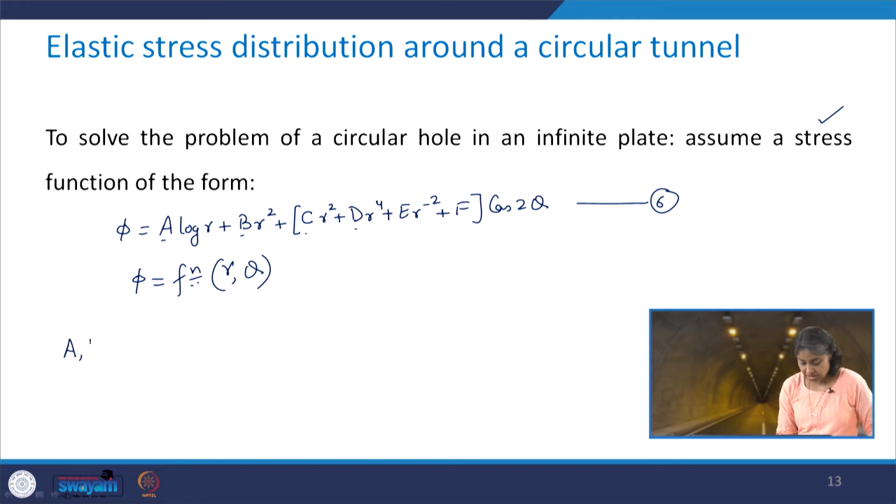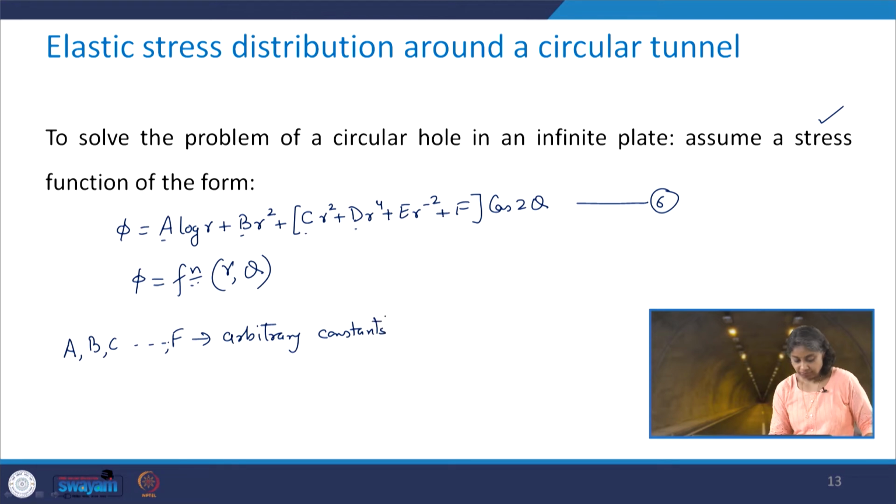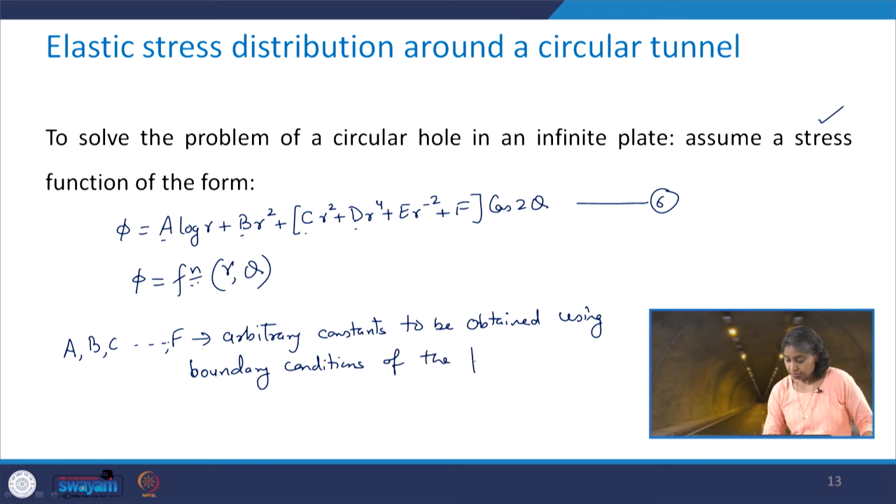These are arbitrary constants which can be obtained using the appropriate boundary conditions of the problem under consideration.